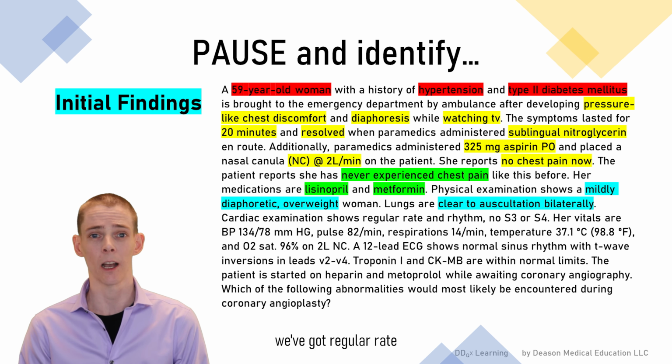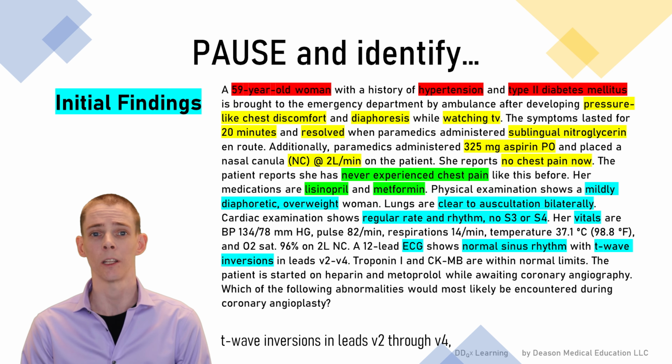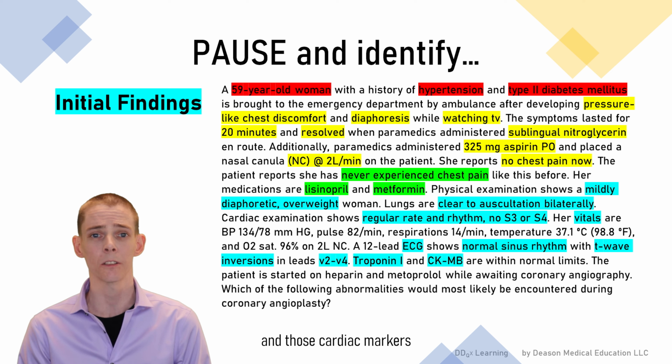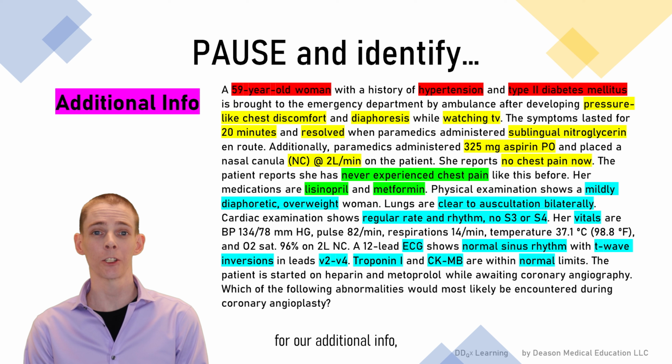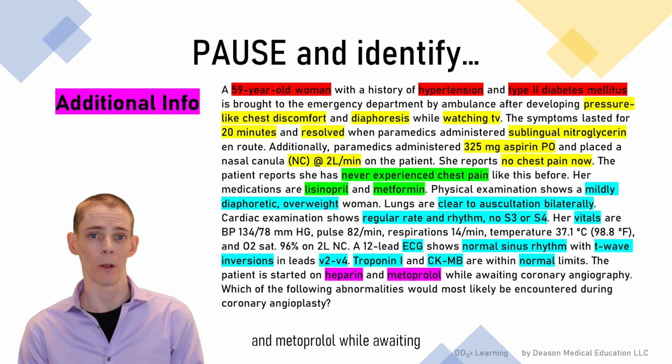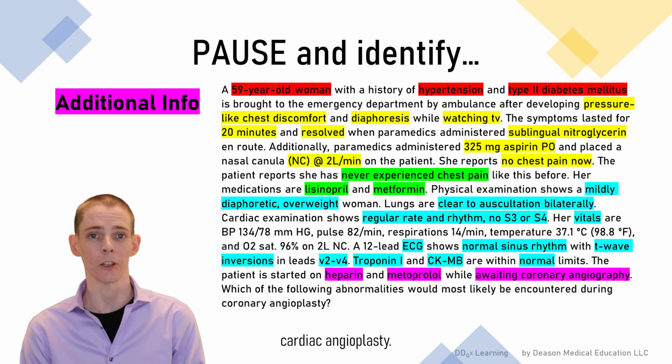Cardiac sounds, we've got regular rate and rhythm with no S3 or S4. Her 12-lead ECG is showing us T-wave inversions in leads V2 through V4. And those cardiac markers are within normal limits. And finally, for our additional info, our patient is started on heparin and metoprolol while awaiting cardiac angioplasty.